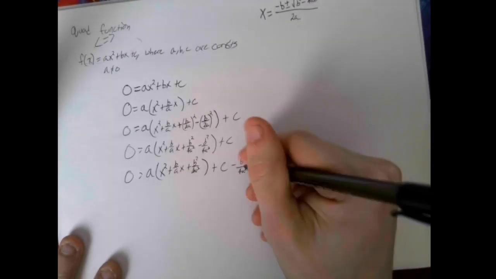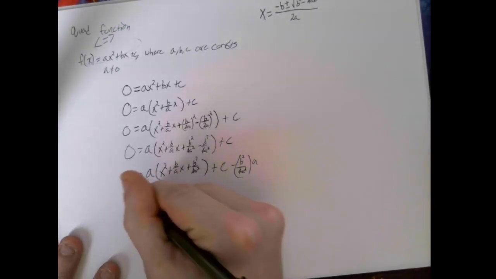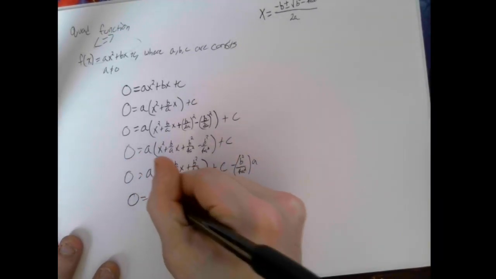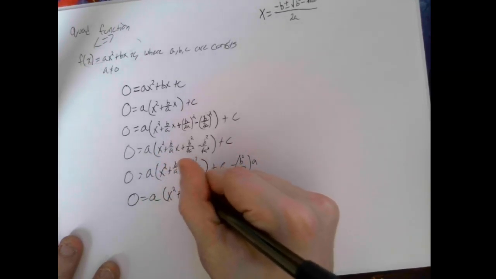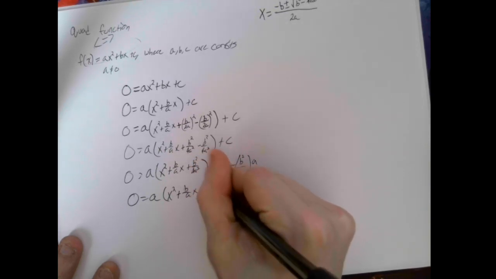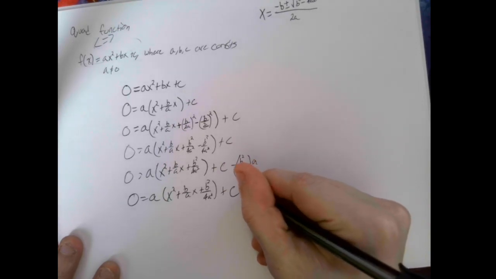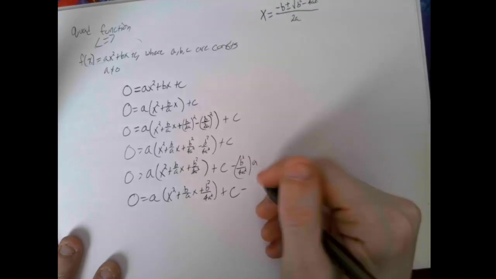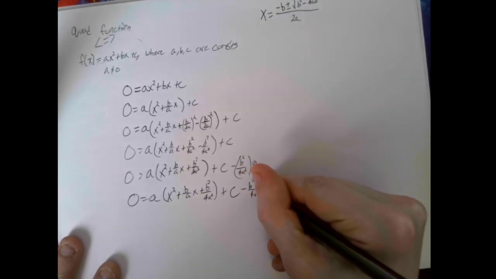So this is multiplied by a. So that would give you 0 equals a times x squared plus b over a x plus b squared over 4a squared plus c, minus b squared times a over 4a squared.